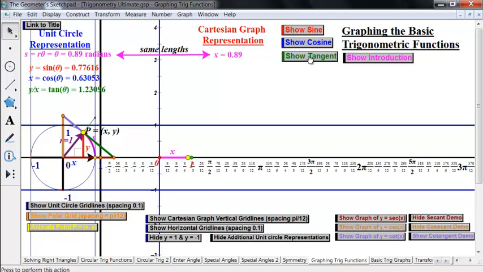The one on the left, the unit circle representation, is actually how we define them, and in that case the input is actually an angle measurement, whereas on the right, on the Cartesian graph representation, the input's not actually an angle at all, it's an x value, but we might still think of it as an angle, because it is an angle in the unit circle representation. And so we have 2 different graphs, 2 different representations, and each one tells us something about these trig functions, and each one may be useful in some ways.